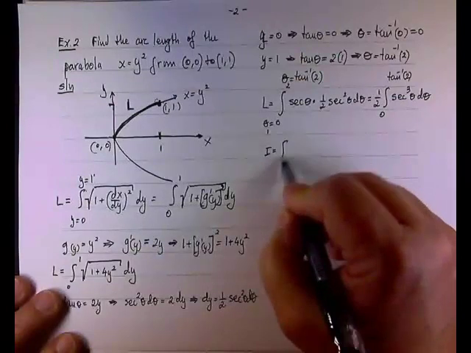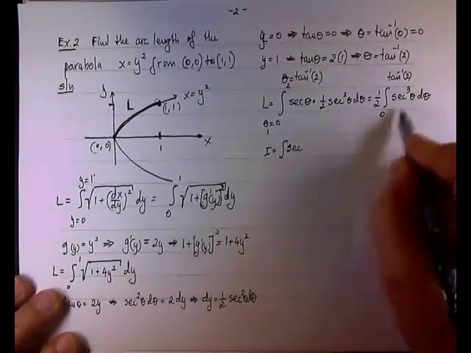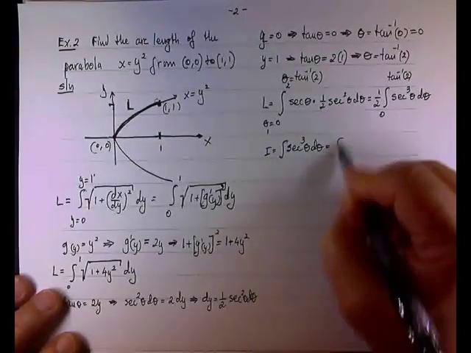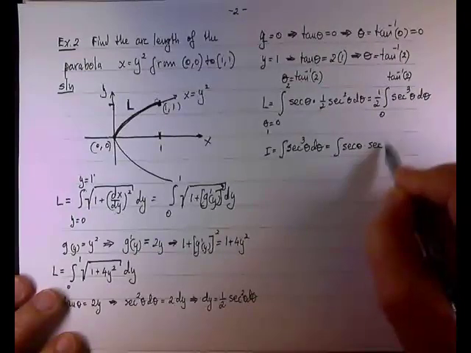So I will be defined as the indefinite integral of secant cubed. But instead of secant cubed, I'm going to break it down to the secant times the secant squared.